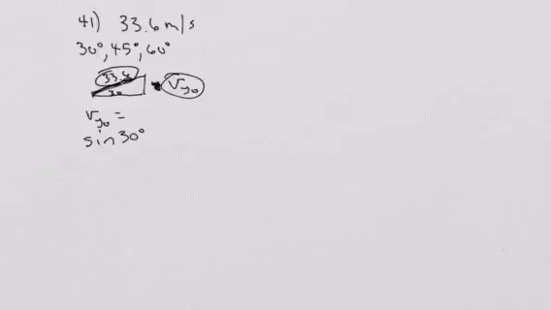Sine of 30 degrees is equal to my opposite side, v sub y o, over 33.6. I can solve that for my initial y velocity by multiplying both sides by 33.6. So 33.6 times the sine of 30 degrees equals v sub y o.